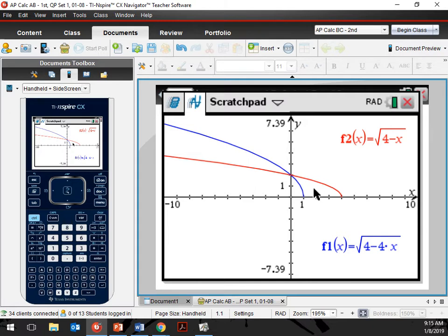So according to the x-axis, it would be from 0 to what? 1, 2, 3, 4, right? From 0 to 4, and it's going to be the red one minus the blue one, isn't it?